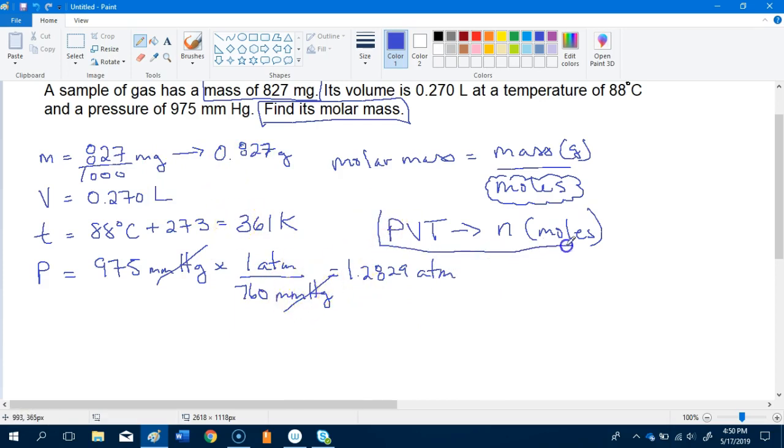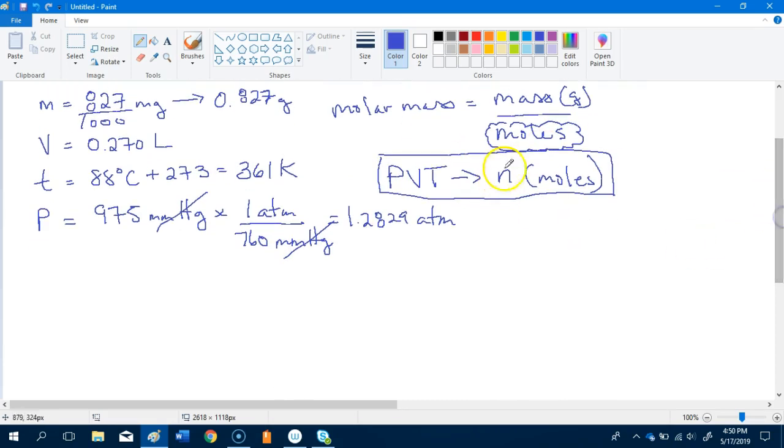Next, I'm going to use the ideal gas law to find my moles. The ideal gas law is that pressure times volume is equal to moles times my ideal gas constant R times my temperature. I'm going to plug in everything except for n, because that's what I'm trying to find.